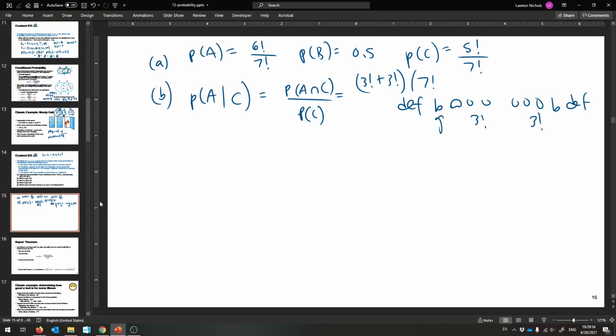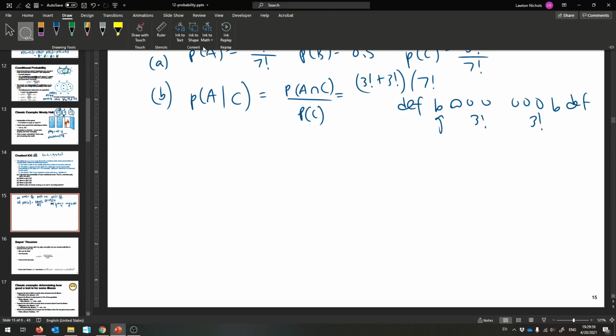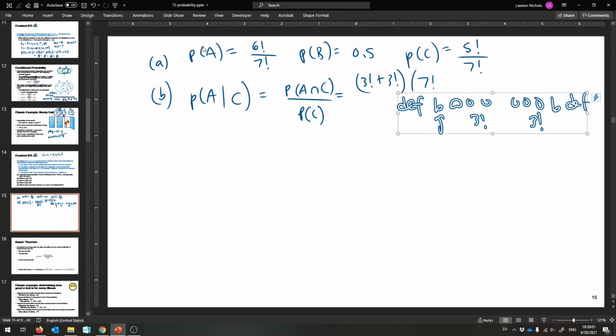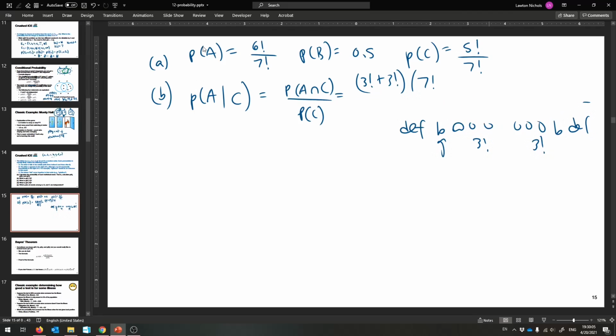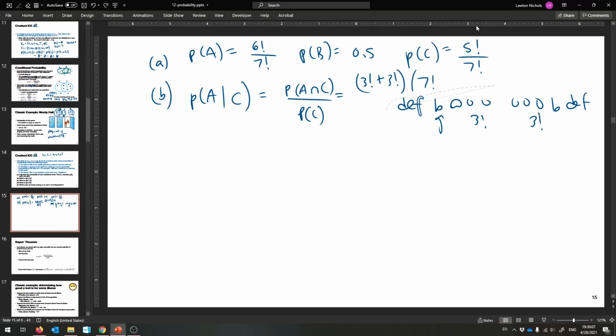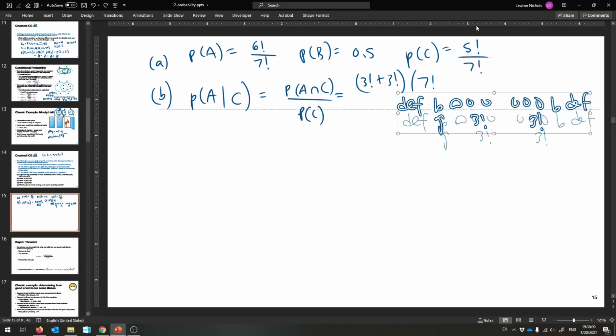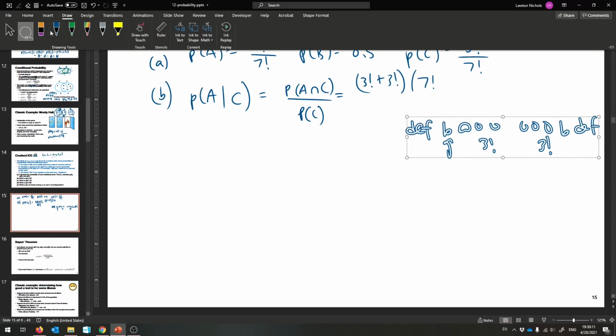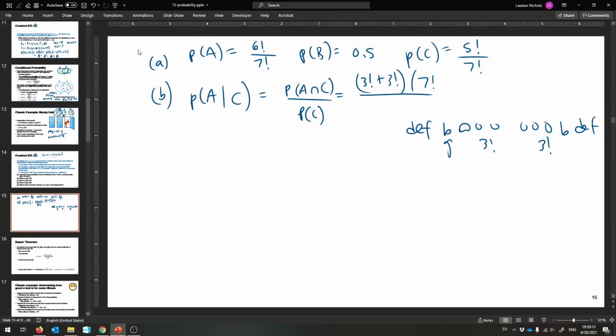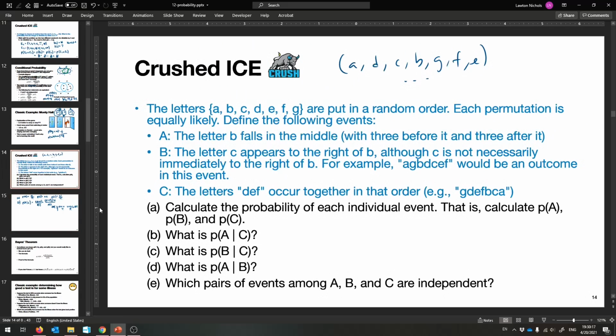So that's P of A and C together, and the rest is history. Oops, I didn't move the F. And then we still have P of C, which we already know, right? So that's the answer there, and so that's that one.